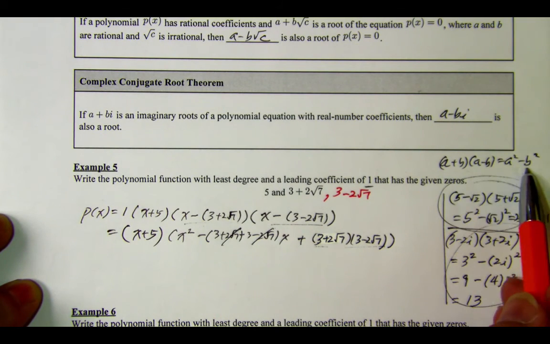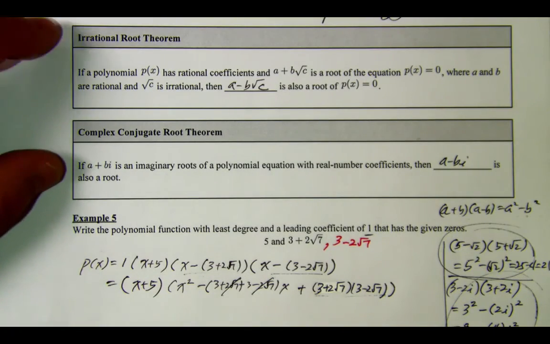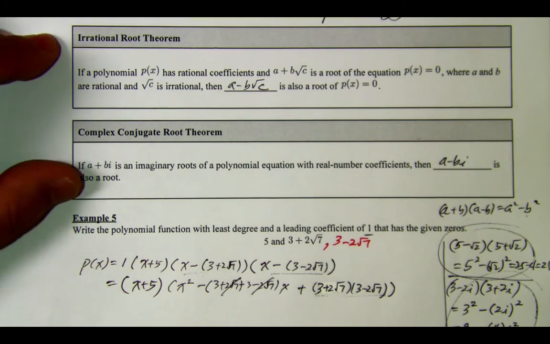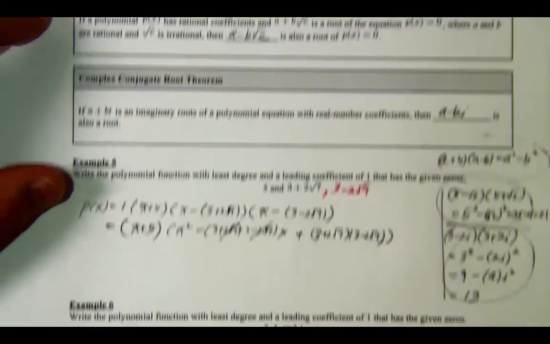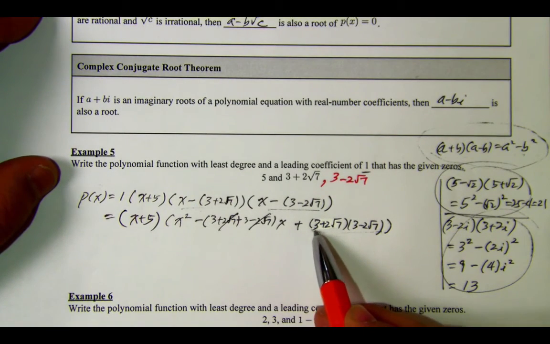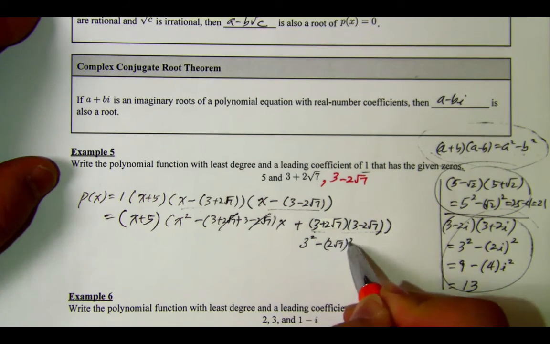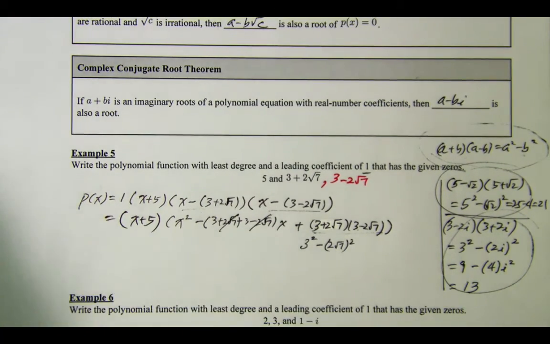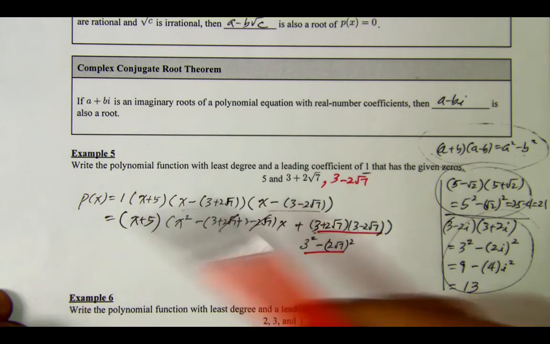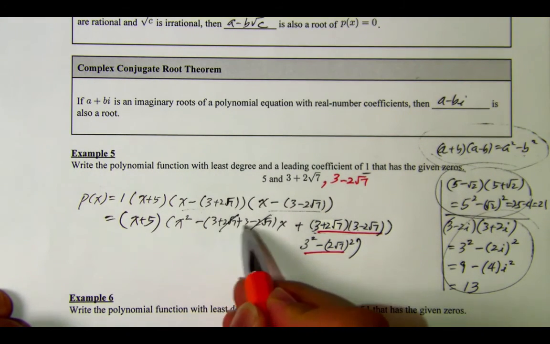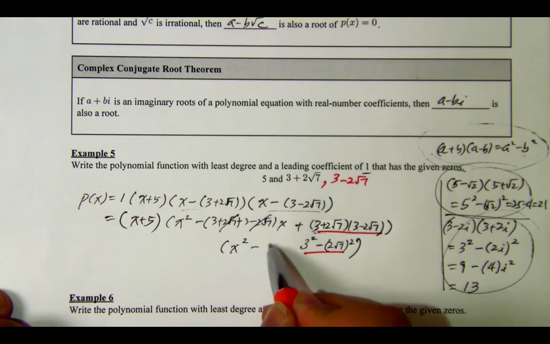Doesn't that look just like this, where the middle term is changed? So when you have conjugate pairs, whether it be irrational or complex, it falls under this relationship when you multiply them. So that means I'm going to have 3 squared minus 2 root 7 squared for this term right there. Let me underline that so you can see it right away. This one and this one, that leads to this. And this right here is, that cancels, so this 3 plus 3, that's negative, so it is x squared minus 6x.